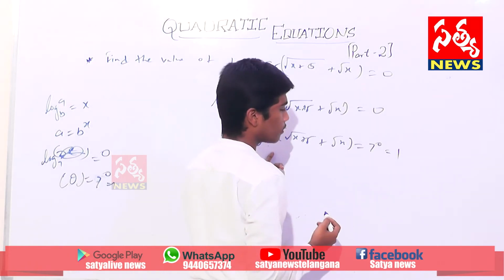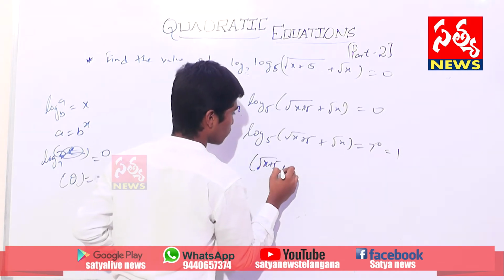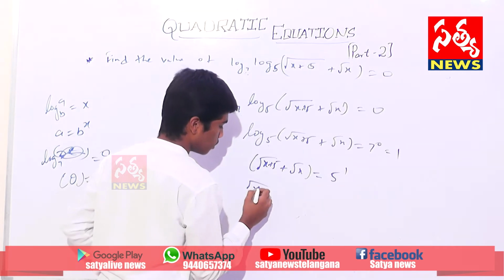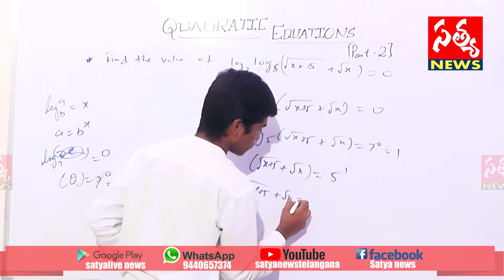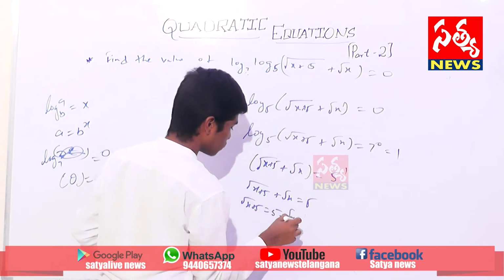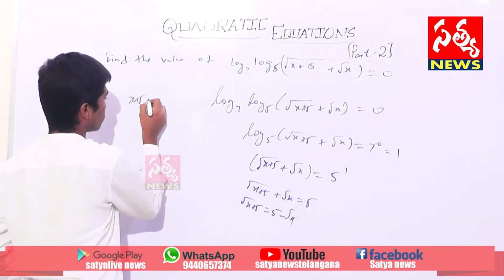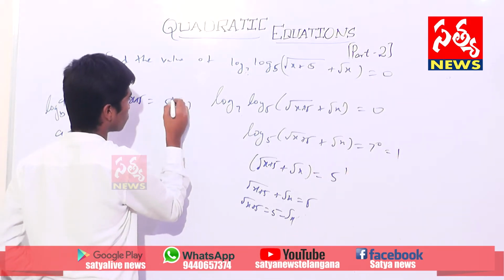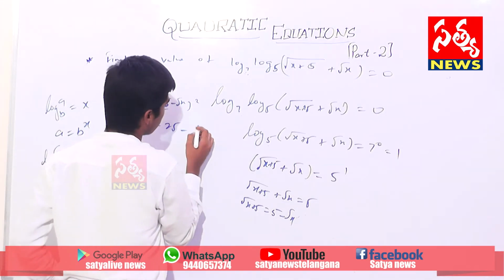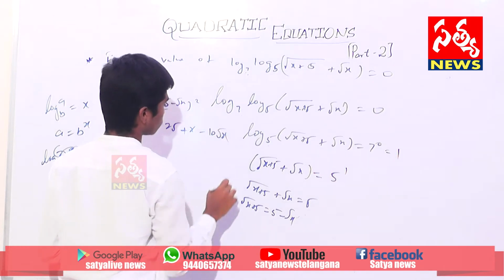Similarly, now I am taking base 5 to the RHS, we get root (x plus 5) plus root x is equal to 5 power 1. Now, root of (x plus 5) plus root x is equal to 5. Root (x plus 5) is equal to 5 minus root x. Squaring on both sides, x plus 5 is equal to (5 minus root x) whole square. x plus 5 is equal to 25 plus x minus 10 root x.